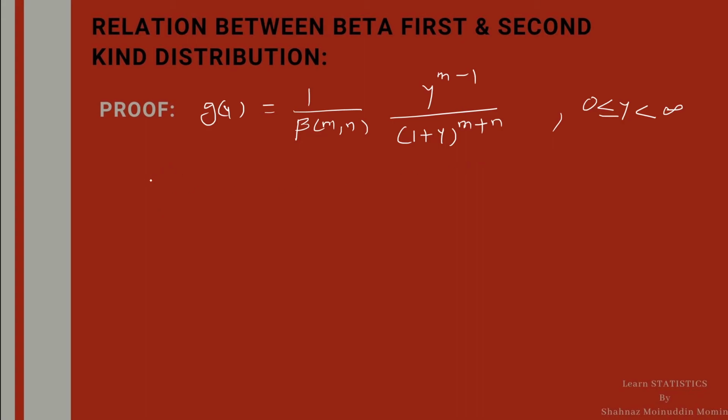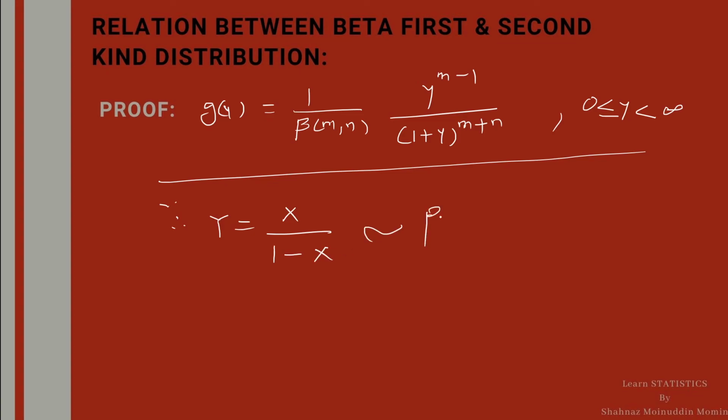And by observing this expression, we say that g of y is nothing but the probability density function of beta second kind. Hence, y equal to x upon 1 minus x follows beta distribution of second kind with parameters m and n.